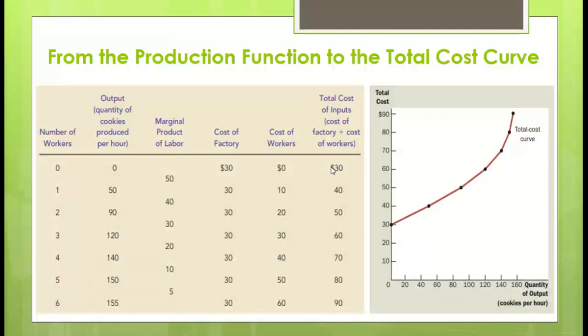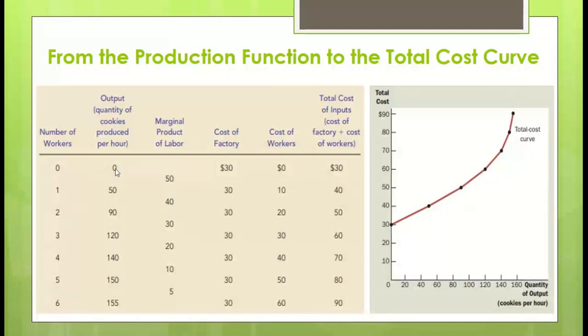It is $30, then becomes $40, then 50, 60, 70, 80 and 90. I hope it's clear to you as well. This graph basically shows the relationship between the quantity of output produced and the total cost. And in the table we have also seen the rising trend here.